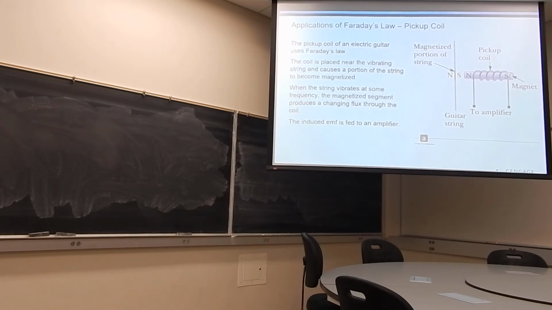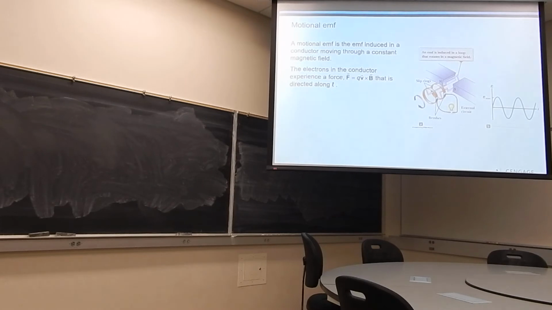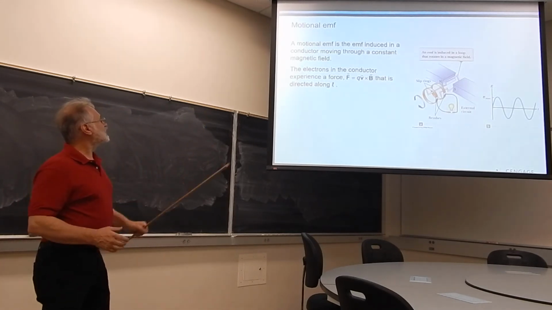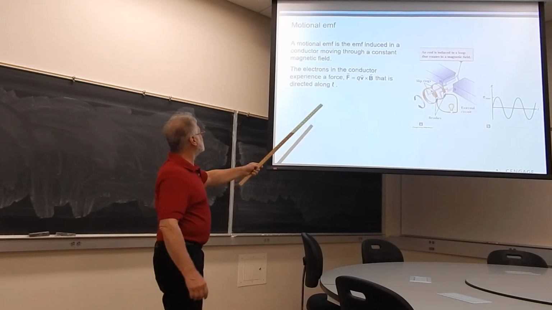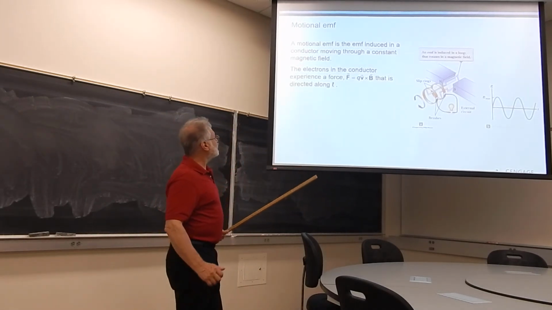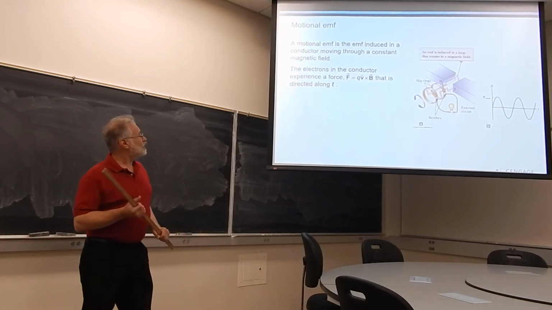Another application, also very nice, is this notion of motional EMF. If I have a conductor moving through a constant magnetic field, the electrons in the conductor are going to experience a force, qv cross B, that's directed along the length.